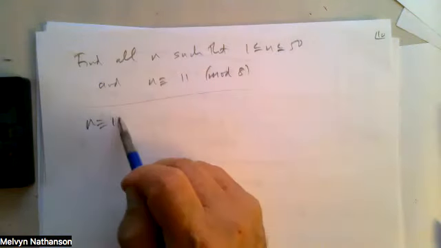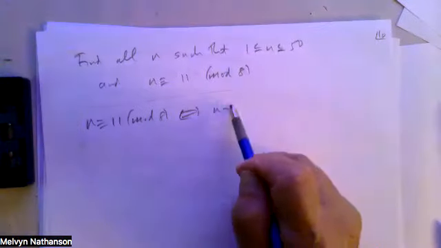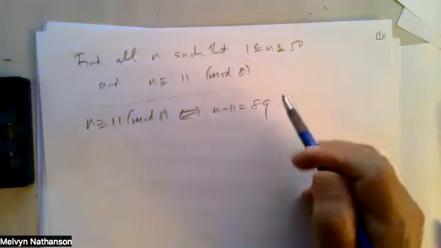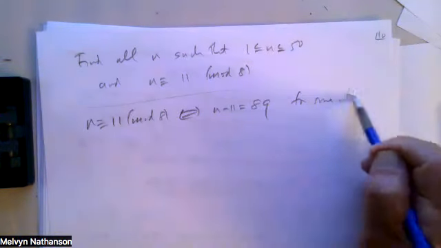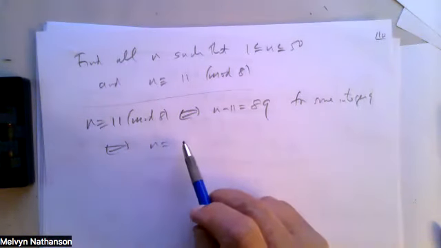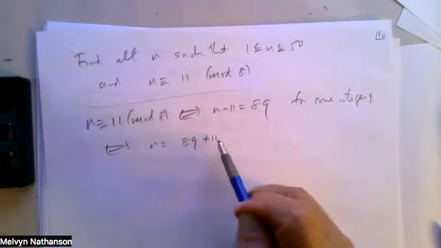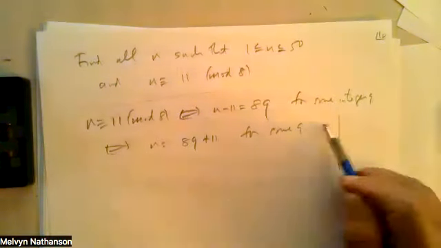Let's see. n is congruent to 11 mod 8 means n minus 11 is some multiple of 8 for some integer q, which means n is equal to 8q plus 11 for some q. Again, I could make a little table.